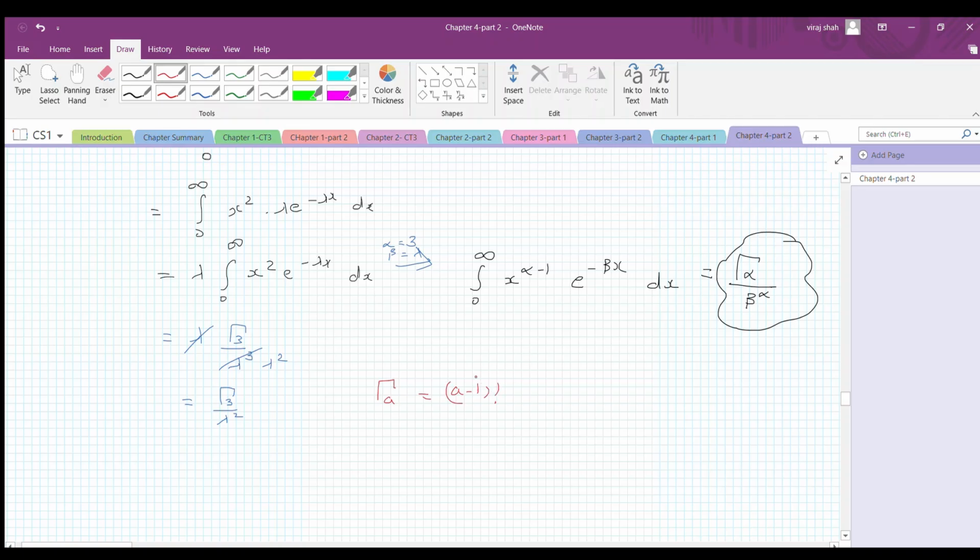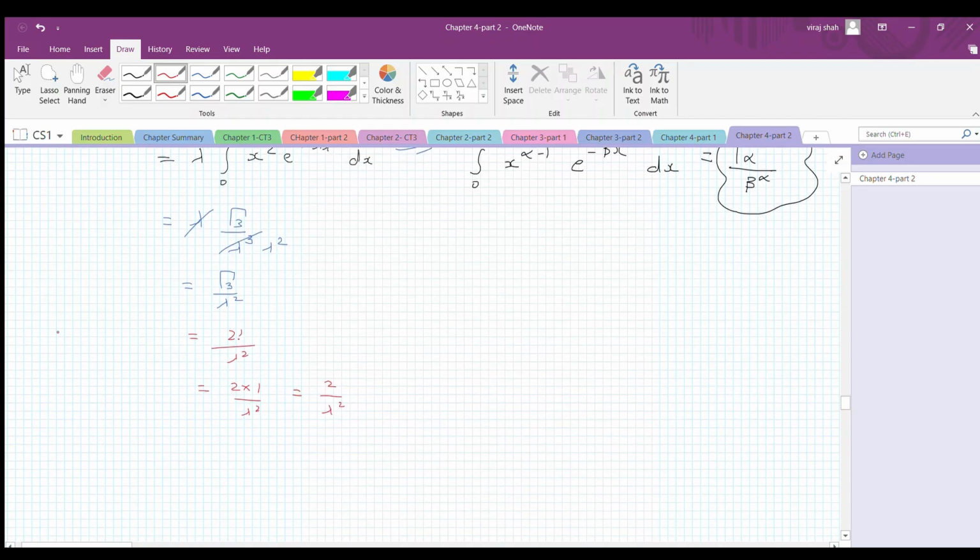Therefore, I can write this as 3 minus 1 factorial upon lambda square, which is nothing but 2 factorial, right? What is 2 factorial? 2 into 1, it is 2, right? And the denominator remains as it is, that is lambda square. So I get my expectation of x square as nothing but 2 by lambda square.